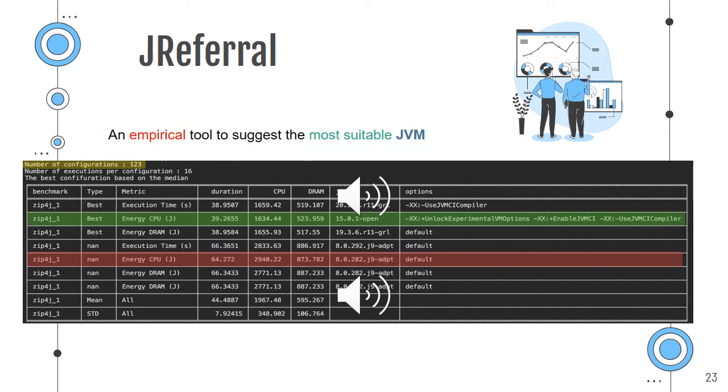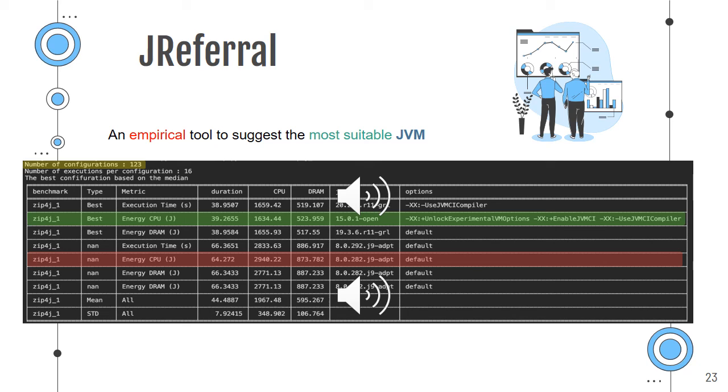This tool takes a Java application as an input and launches a script to tune the JVM configurations in order to choose the most suitable one among 85 JVM candidates and versions that were made available by SDKMAN. Beyond the JVM distribution and version recommendation, jReferral automatically explores many garbage collector and JIT options for each distribution.